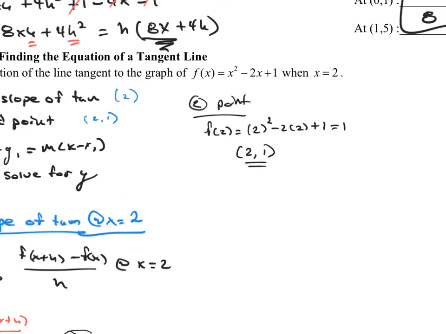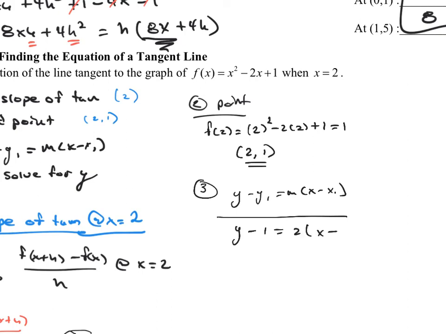So what do I do now? Now I'm going to use y minus y1 equals m times x minus x1. So this would be y minus the y value of the point, which was 1, equals m, the slope was 2, times x minus the x value of the point, which was 2. We need to solve for y, so I'm going to distribute the 2.